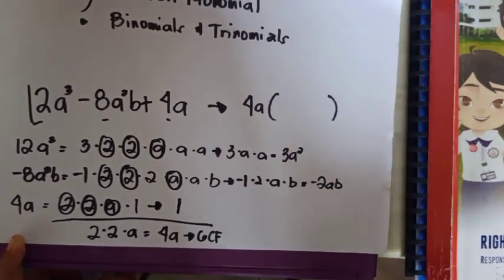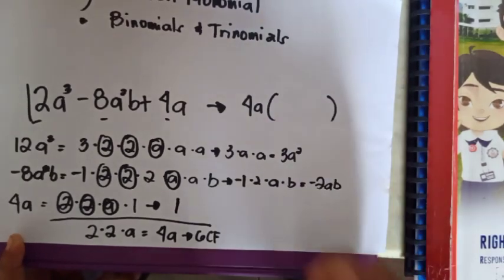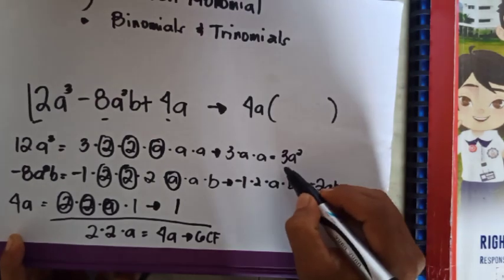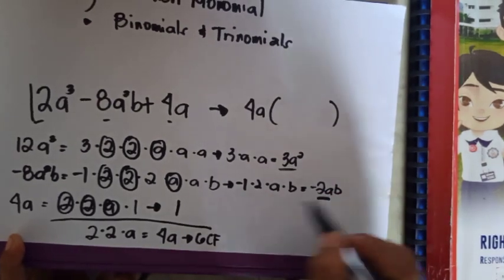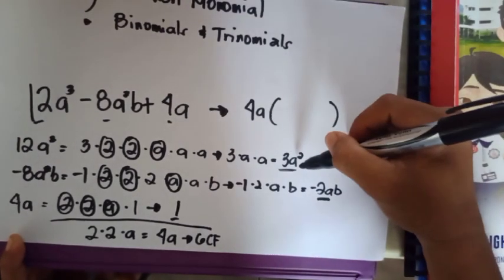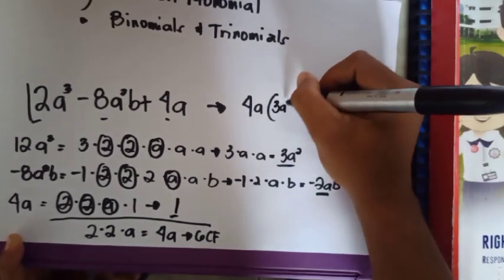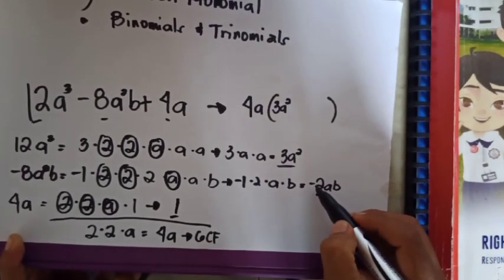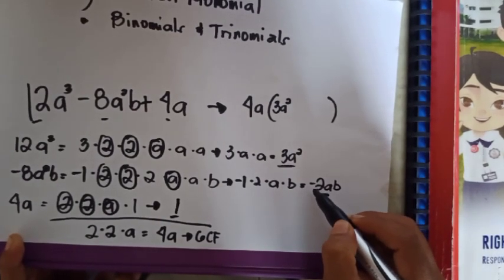Alright, so therefore, your other factor is this. Just copy the first term, 3a squared, and be cautious of the sign or the operation.